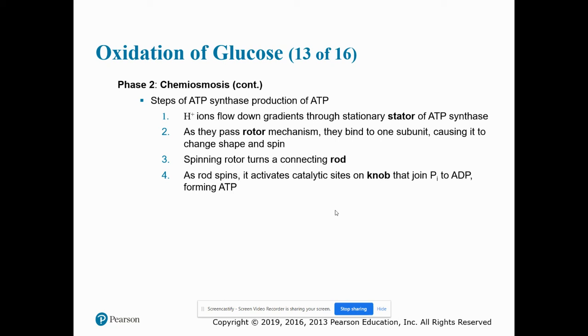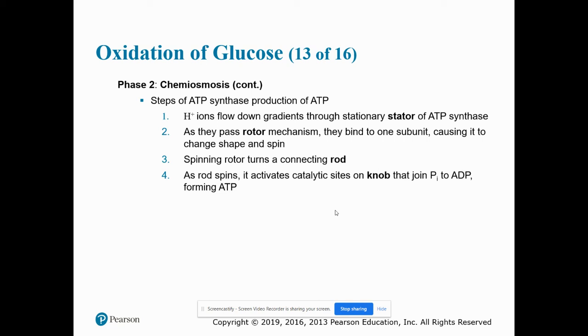As they pass the rotor mechanism, they bind to one subunit, causing it to change shape, and it's going to spin. The spinning rotor is then going to turn a connecting rod, and as that rod spins, it's going to activate catalytic sites on the knob that's going to join a high energy phosphate with an ADP, forming ATP.